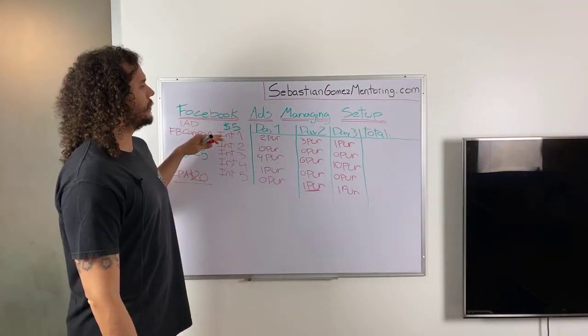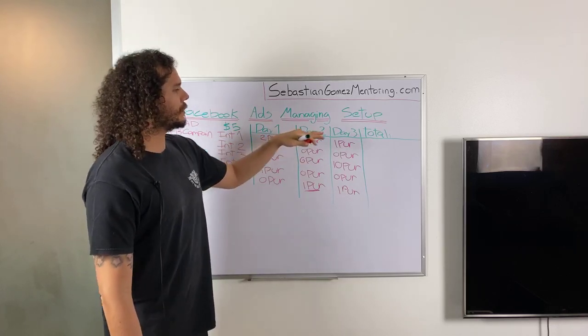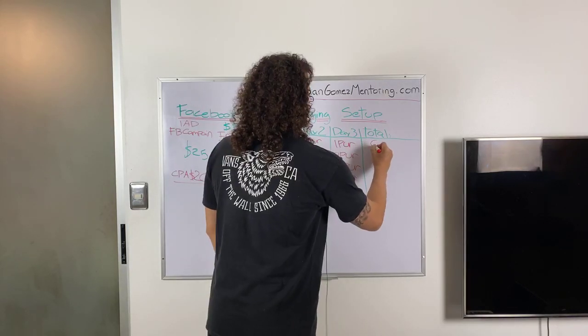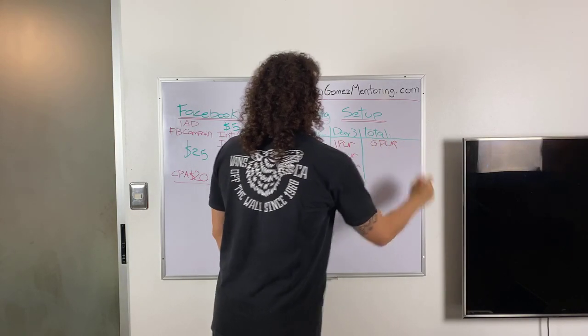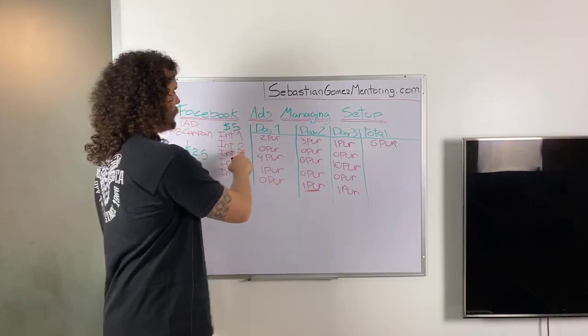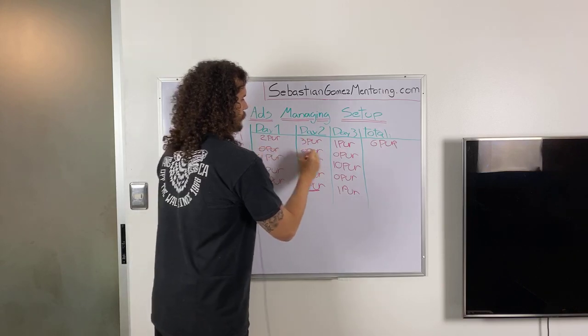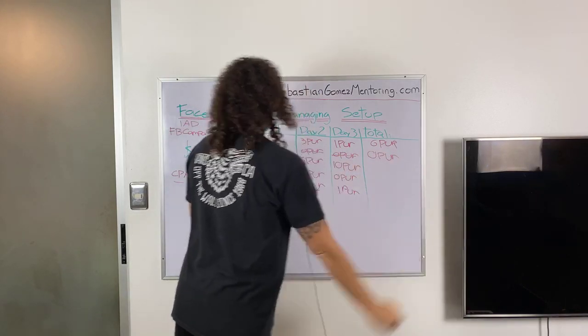Interest 1, the first day got us 2 purchases, the second day got us 3, and the third day got us 1. A total of 6 purchases, which is really good. Interest number 2, 0 purchases across the board. So what I'm going to do is pause it.